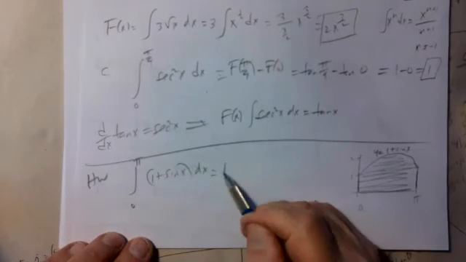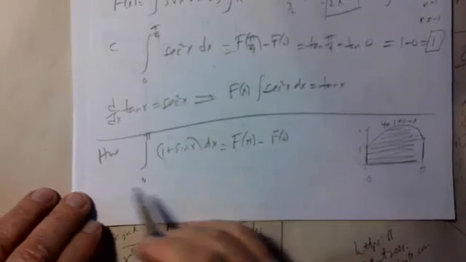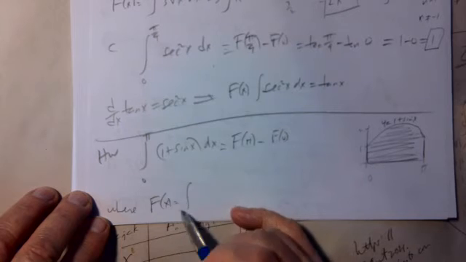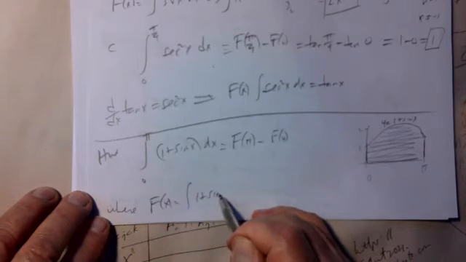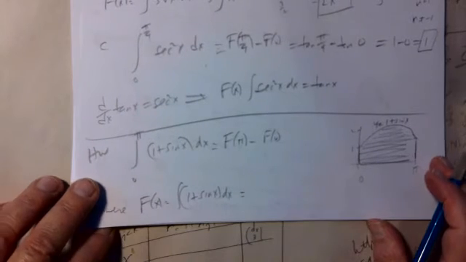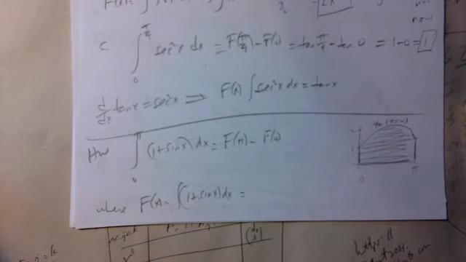So this is going to be equal to f of pi minus f of 0, where capital F of x is the antiderivative of 1 plus sine x. What is the antiderivative of 1? Can someone tell me?